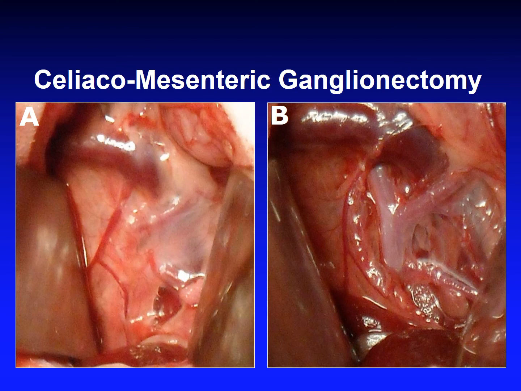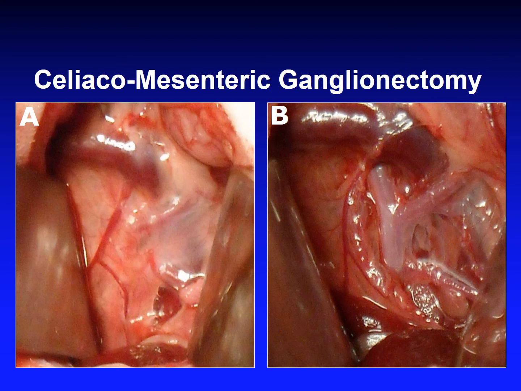This is a picture from our laboratory, actually, of the celiaco-mesenteric ganglia that is located between the celiac artery and the cranial mesenteric artery, which are branches of the aorta.